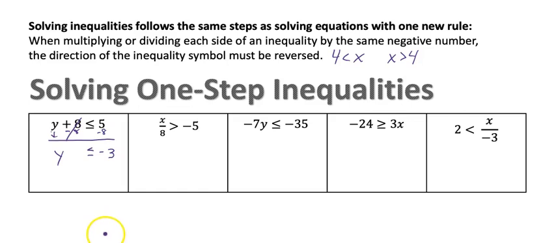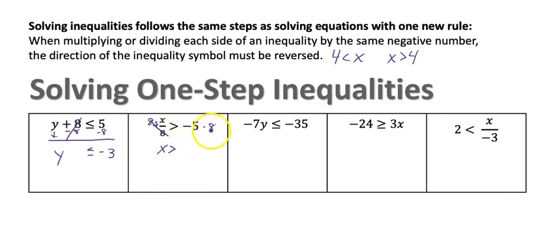Up next, I have x over 8, now that's a fraction, is greater than negative 5. Well, x over 8, the fraction bar, remember that means to divide, and I undo division with multiplication. So I'm going to multiply by 8, and I'm going to multiply by 8. 8 divided by 8 is 1, so we still have x. Greater than, bring the symbol straight down.